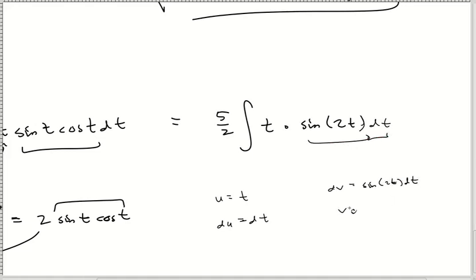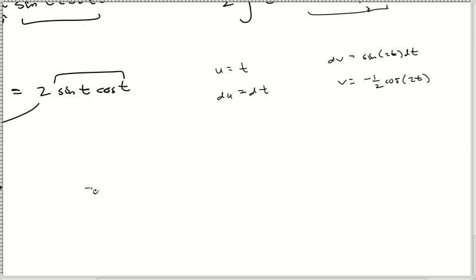And so when I integrate, my integral of the sine turns into a negative cosine. I have to divide by the 2. And there we go. So uv minus integral v du. Just copying it down.